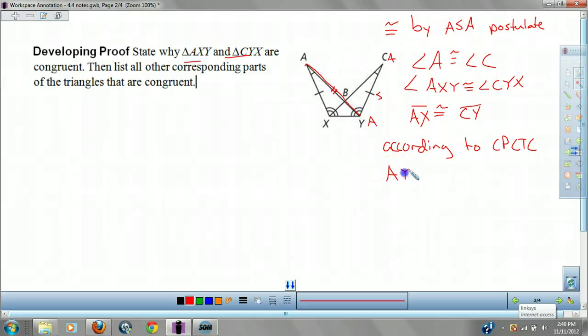That tells me AY is going to be congruent to this whole thing over here, CX. Let's get the segments out of the way. What about XY? It's congruent to YX, and that we could have proven by our good old reflexive property.